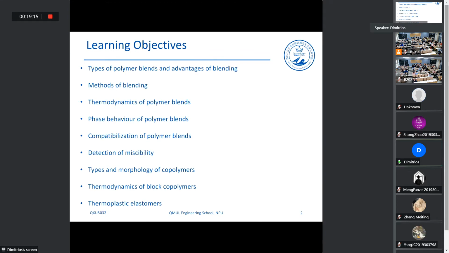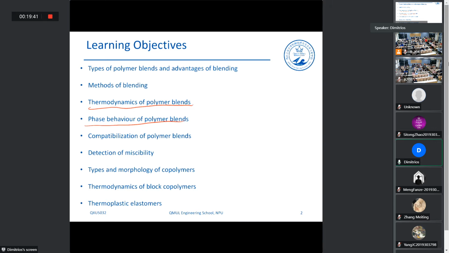So we will be talking about different types of polymer blends and the advantages of blending. How do we do these blending processes, okay? We will be talking a lot about the thermodynamics and the phase behavior of polymer blends, which are very important for us in order to be able to predict how a polymer blend will behave before even fabricating it.